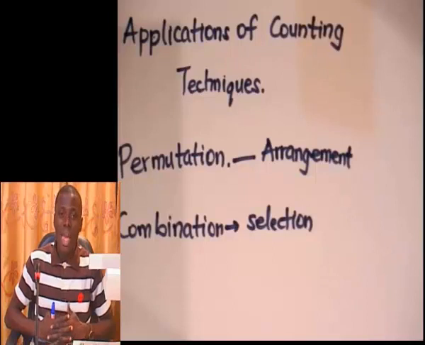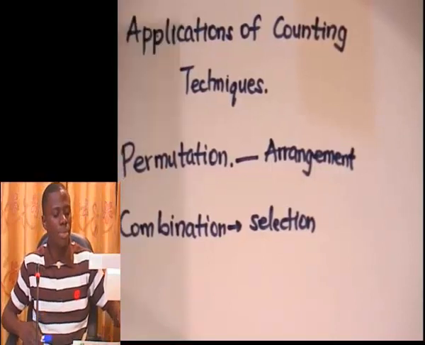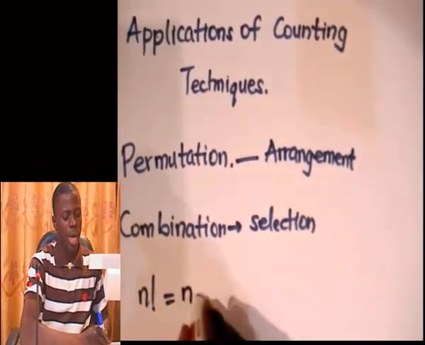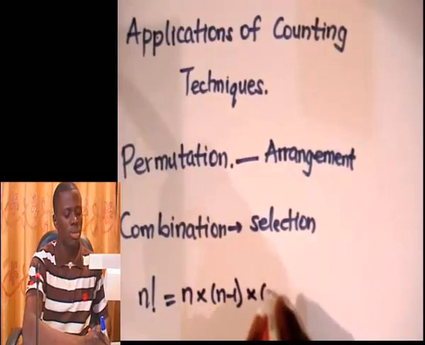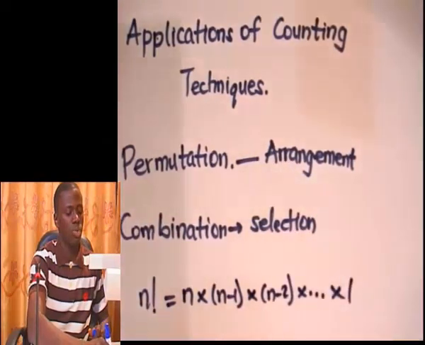So how many ways can you arrange n objects? You say n factorial. So what do you mean by n factorial? n factorial equals n times n minus 1 times n minus 2 ... times 1.